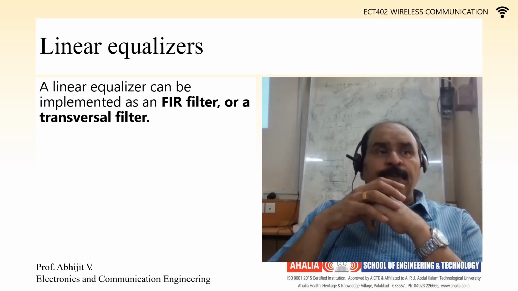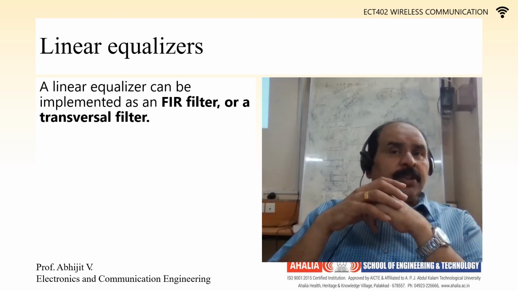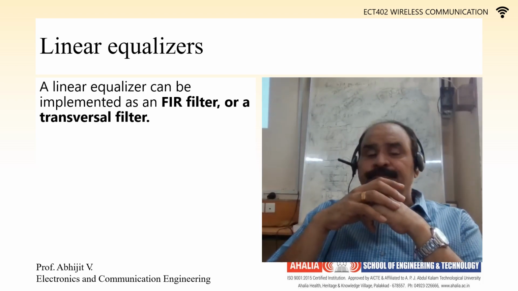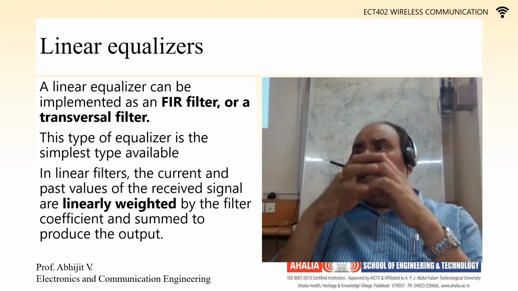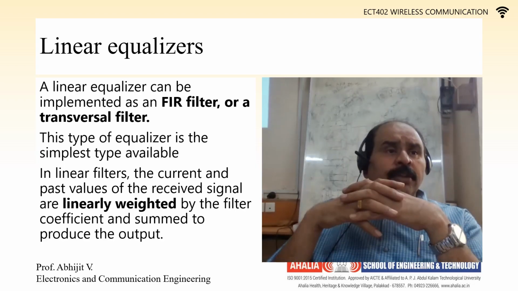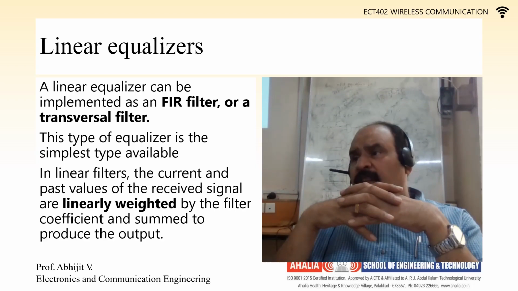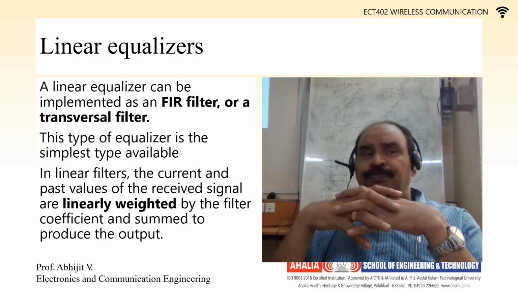As we have seen previously, we have two different types of structures, transversal structure and lattice structure. The most important advantage of linear equalizers is that they are the simplest form of equalizers available. There is no need of any complexity.